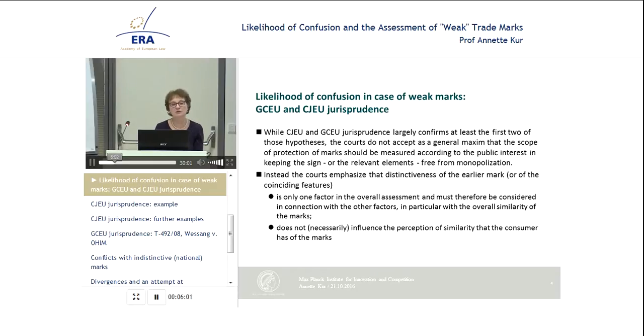Indeed, also in the case law of the courts, you find that if there is only coincidence of very weak elements, then it is less likely that likelihood of confusion is actually found.